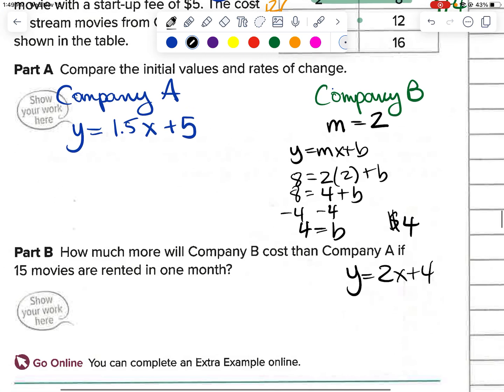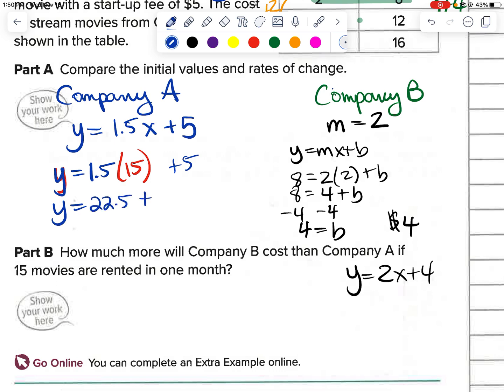Now, how much more will Company B cost than Company A if 15 movies are rented in 1 month? So I'm going to replace x with 15. Y equals 1.5 times 15 plus 5. So y equals 22.50 plus 5. So that'll get me $27.50.